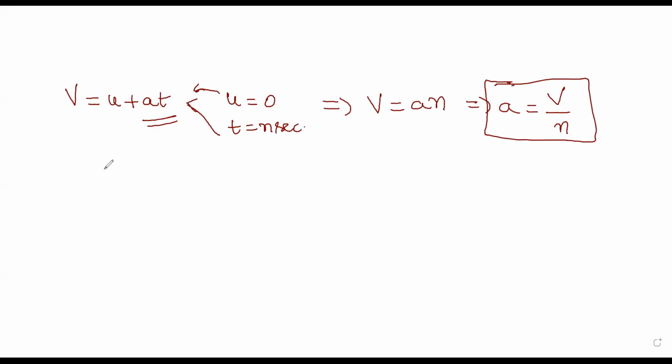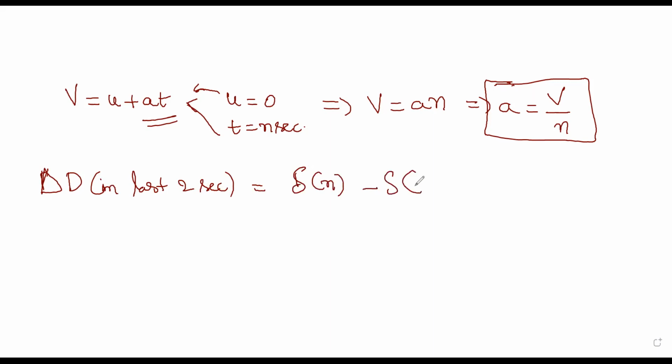So that is the first part. The second part of the question is displacement in last 2 seconds. So delta d, the displacement in last 2 seconds, is given by displacement in n seconds minus displacement in n minus 2 seconds.